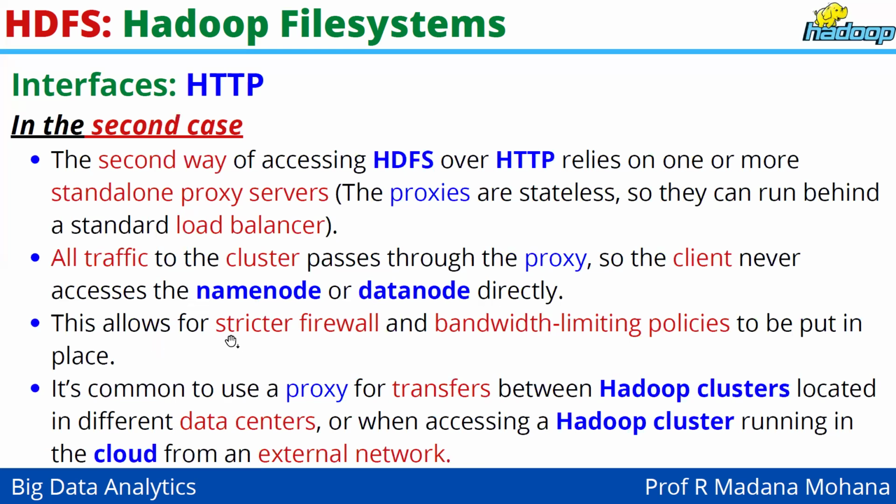This allows for stricter firewall and bandwidth limiting policies to be put in place. It's common to use a proxy for transfer between Hadoop clusters located in different data centers, or when accessing a Hadoop cluster running in the cloud from an external network. This is the second case.